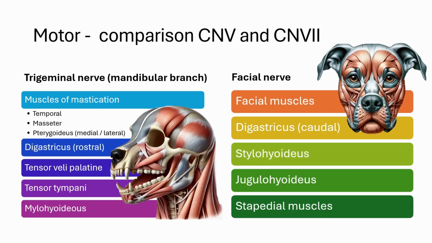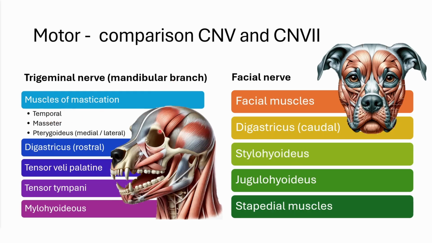So, the trigeminal nerve has a motor and a sensory component, and the motor component is only in one of the three branches. The trigeminal refers to the three roots that the trigeminal nerve is composed of, and the mandibular branch provides motor or muscle supply to the muscles of mastication.